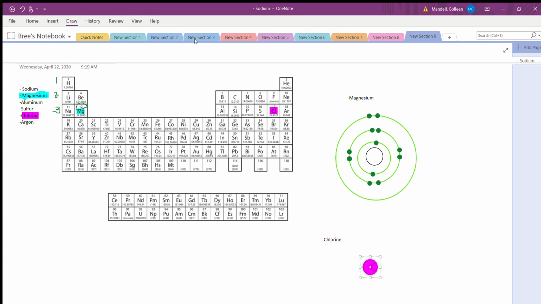Now we want to draw our energy shells. So I see chlorine is actually also in this first, second, third period. That means it gets 3 total shells. So let's go ahead and add those 3 total shells.